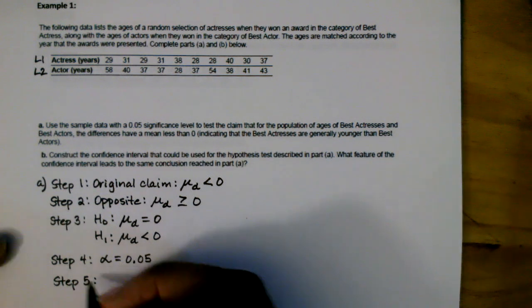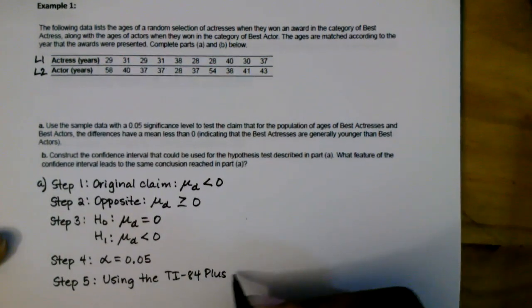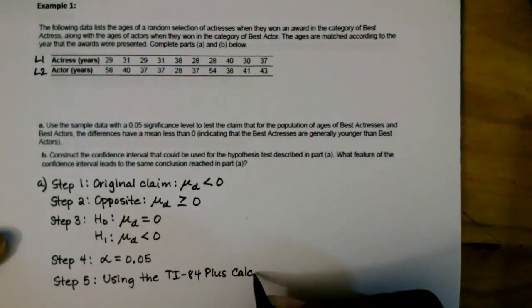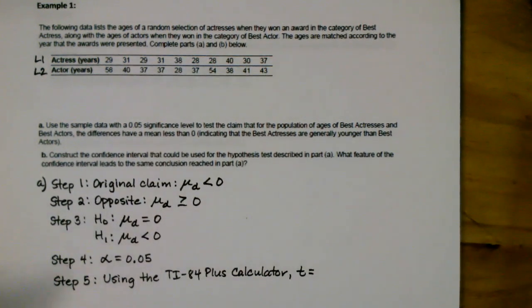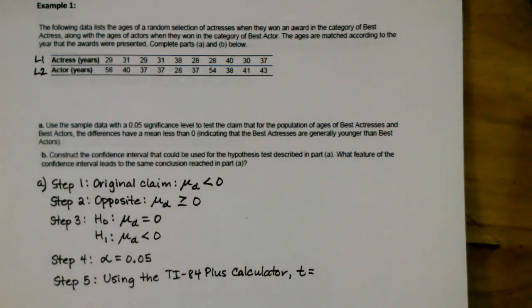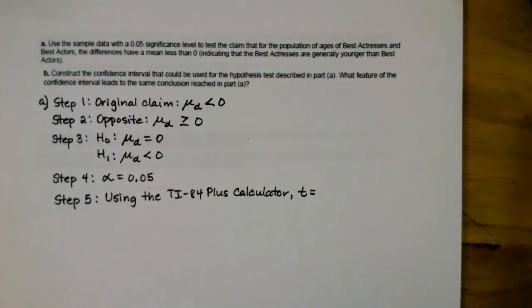Okay. So I'm going to say here using the TI-84 Plus calculator. Now, in some of these examples, I will be using that test statistic formula that I showed you in order to get the t-test statistic.